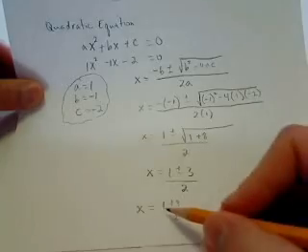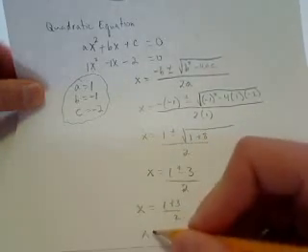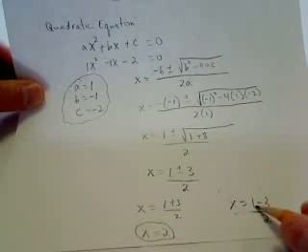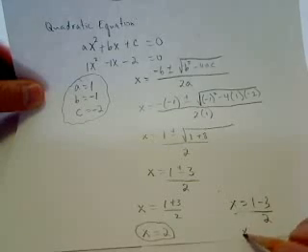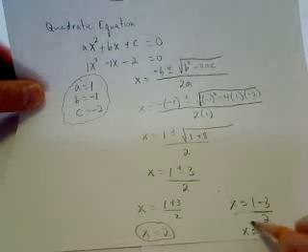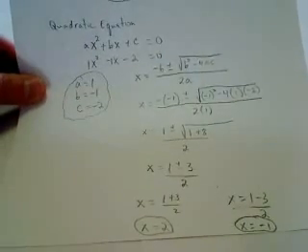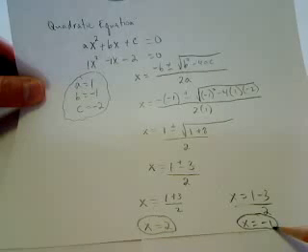When I simplify this down, 1 plus 3 is 4, and 4 divided by 2 is 2. And then 1 minus 3 is negative 2 over 2, which is just negative 1. So I really get the same answers as before. The final answer is x is equal to 2 and x is equal to negative 1.